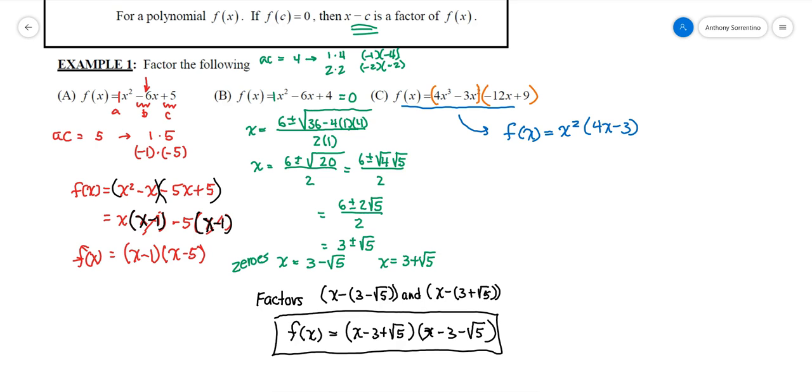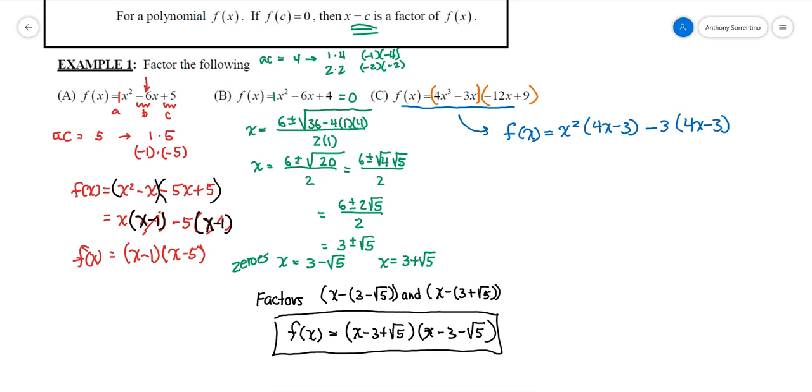And then I can factor out a negative 3 out of the second group and end up with 4x minus 3 as well. When I do a group and factor, I'm hoping that when I factor both groups, I end up with the same thing left in parentheses.